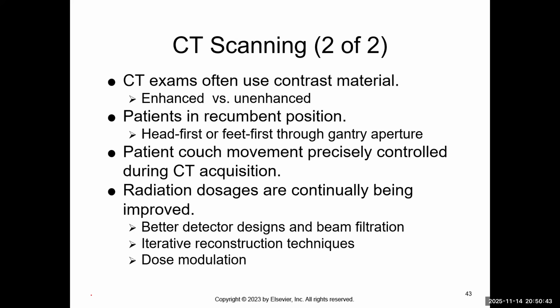All right, CT exams, we can do contrast or non-contrast, which is considered enhanced if it has contrast, or unenhanced if we don't have contrast. The patient can go into the gantry head first or feet first, depending on what you're interested in for that exam. Some patients don't do well in terms of claustrophobia with CT imaging and also MRI imaging going into those bores.